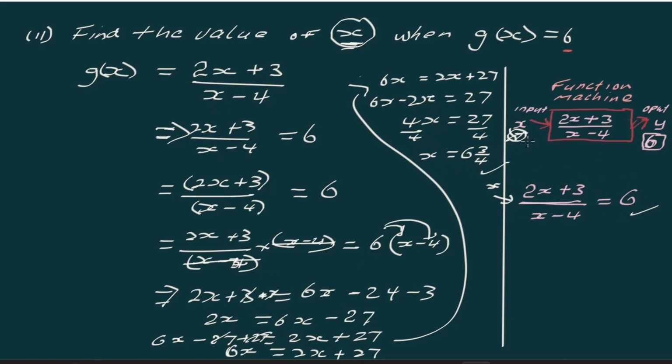So the value that went into the function to give us an output of 6 is 6 3/4. If we were to input 6 3/4 where we have x and work this out, we will get an output of 6. And this is our answer here.